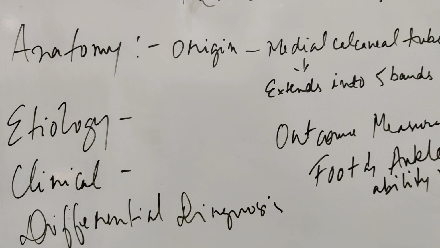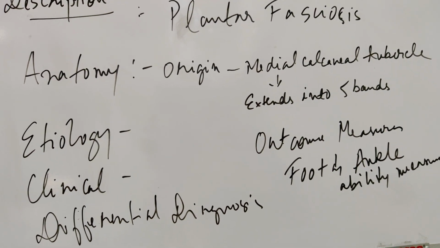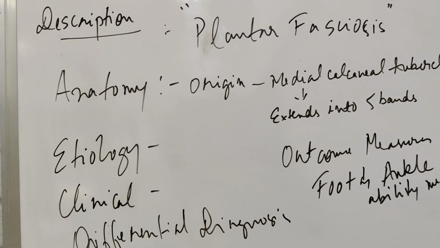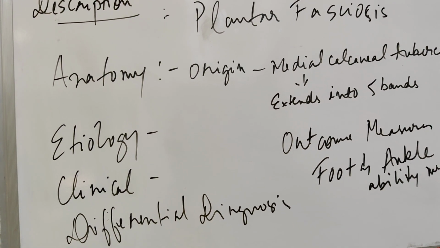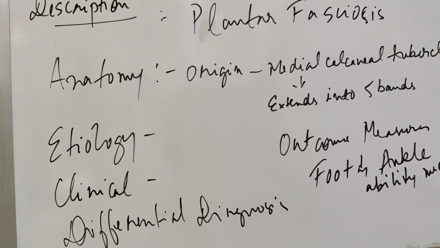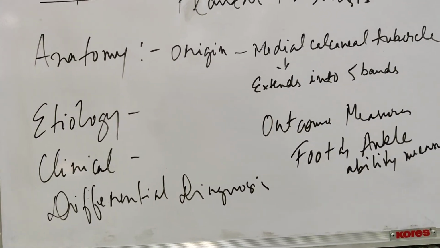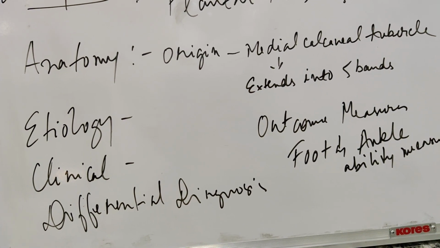This is a good outcome to give patients that are diagnosed with plantar fasciitis. Also, a few studies have been done on foot function index, but the foot and ankle ability measure is a good outcome measurement.